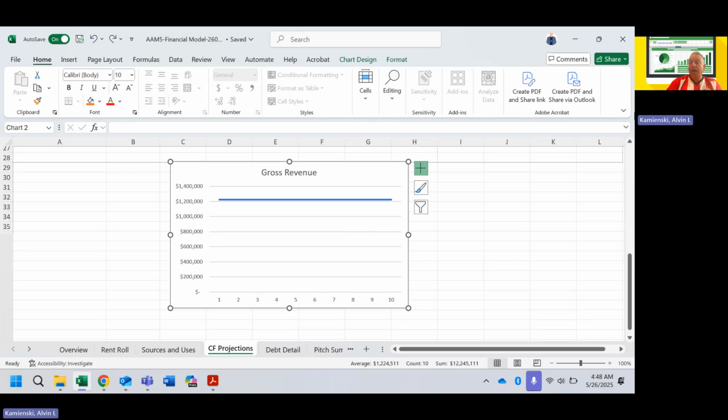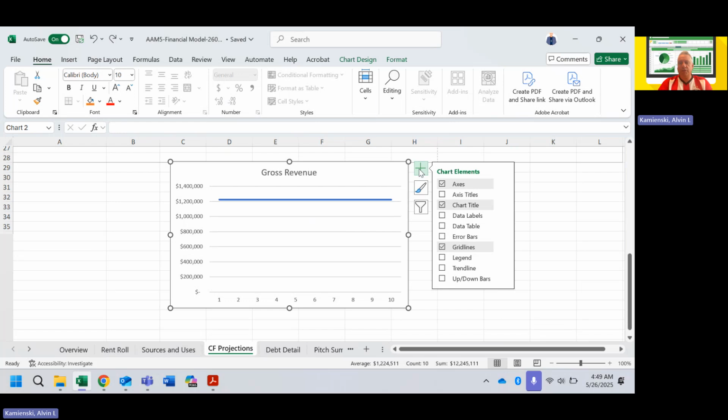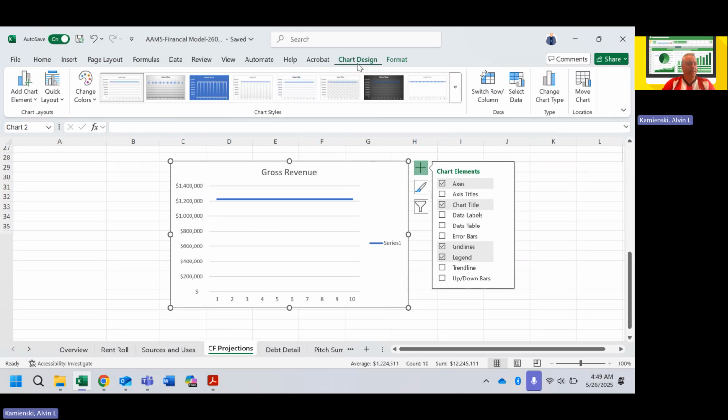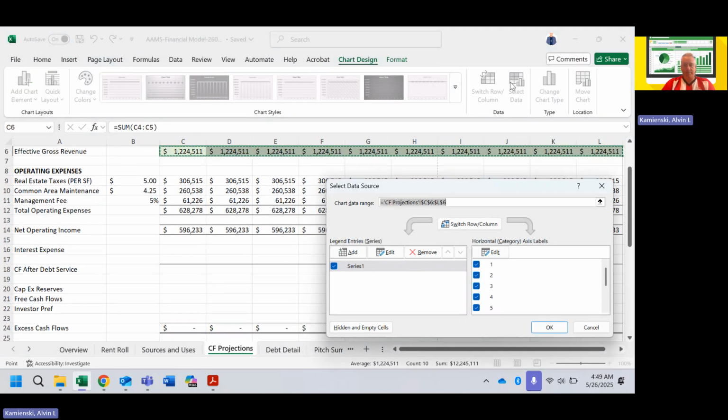From there, on the graph, I want you to press the plus sign over here, and I want you to add on the legend to the graph. And when you add on the legend, then notice it should say series number 1 now. From there, go to the chart design menu and choose select data.